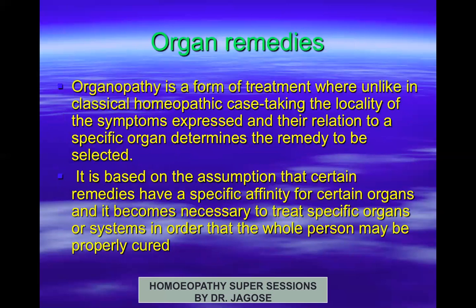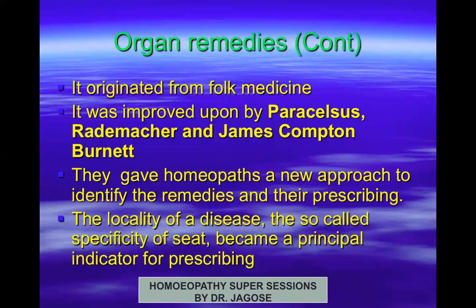Now let us go to the organ remedies. Organopathy is a form of treatment where, unlike in classical homeopathy, the locality of the symptom expressed and its relation to a specific organ determines the remedy to be selected. It is based on the assumption that certain remedies have specific affinity for certain organs, and it becomes necessary to treat these specific organs or systems in order that the whole person may be cured properly.